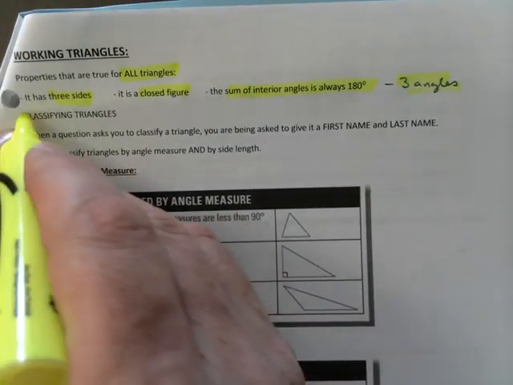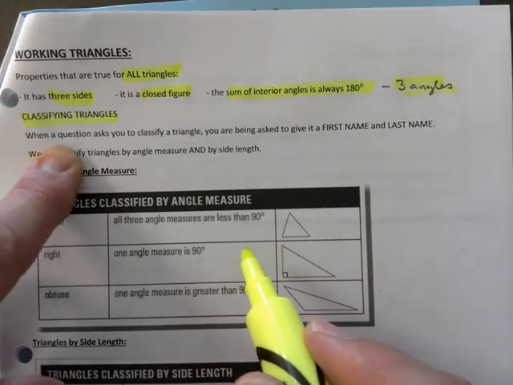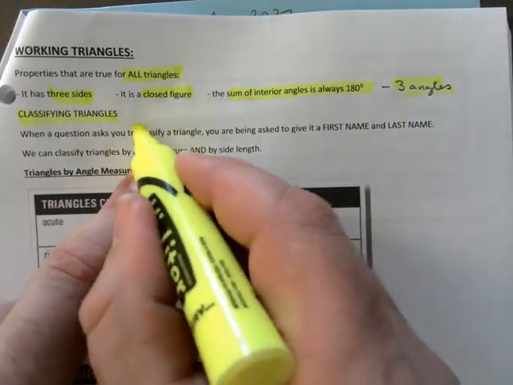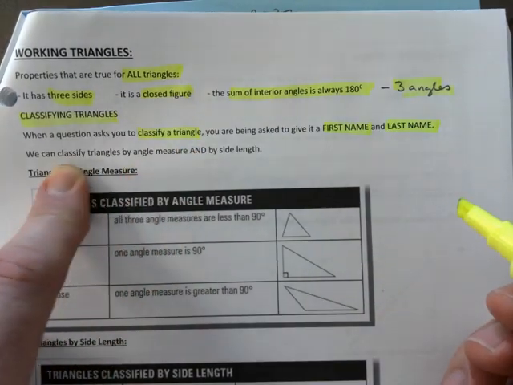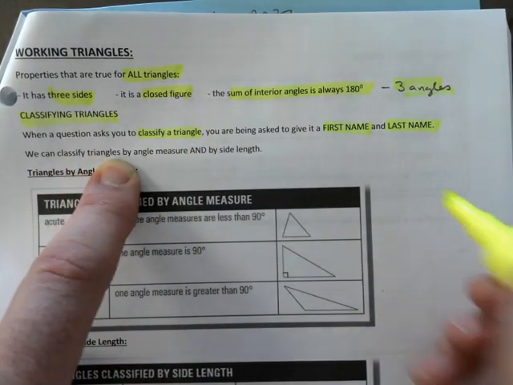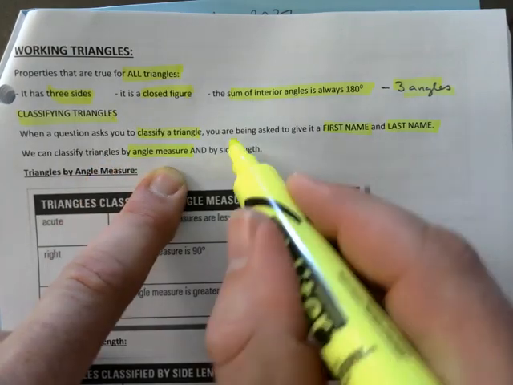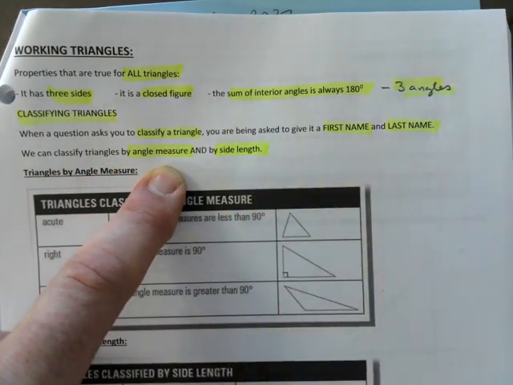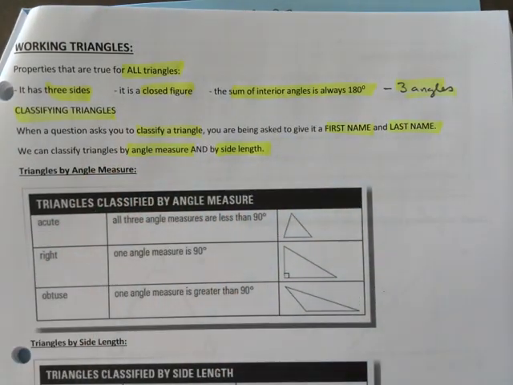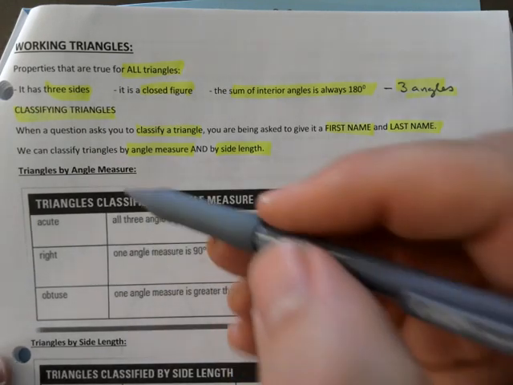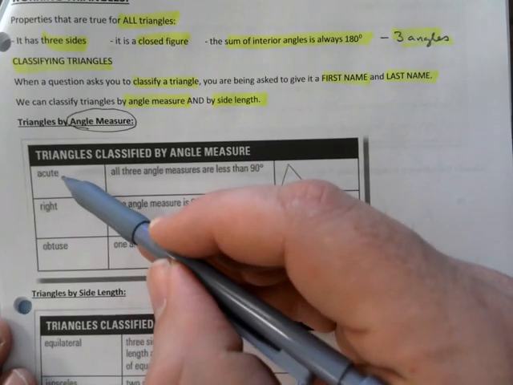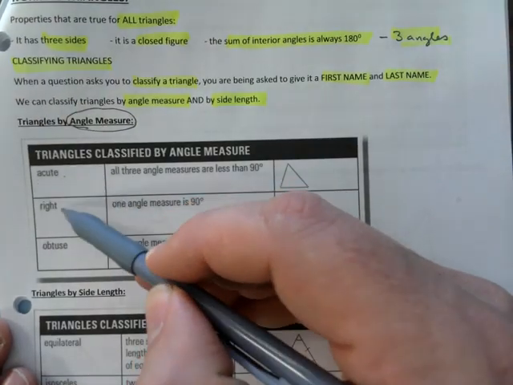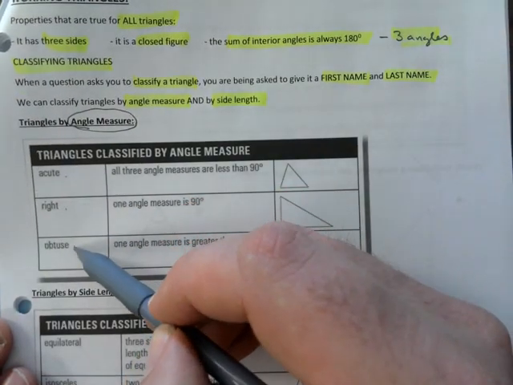Classifying triangles. When a question asks you to classify a triangle, you're asked to find the first and the last name of it. We can classify triangles by angle measure and by side length. So if you wanna name something based on the angle, there are three options: acute, right, or obtuse.